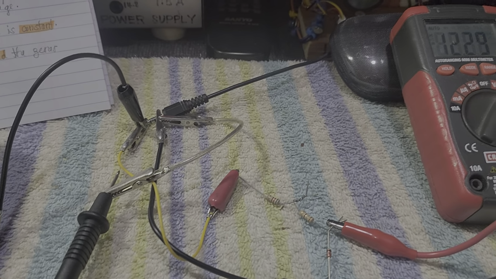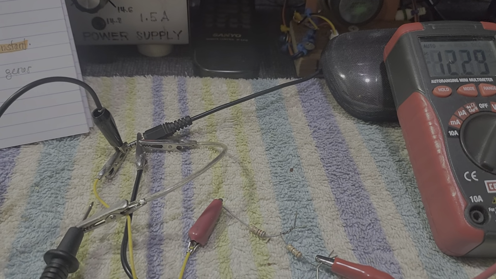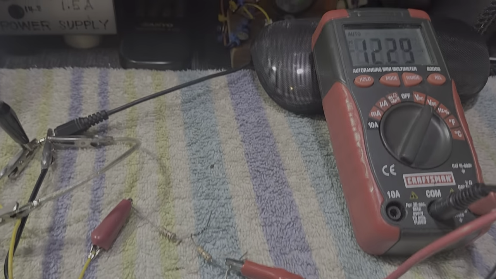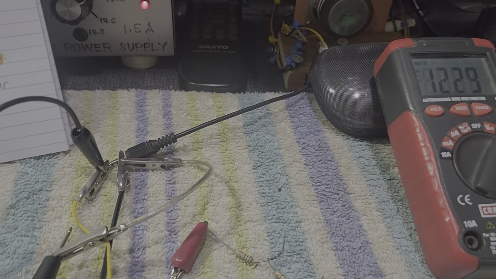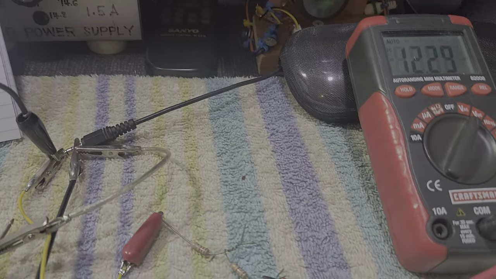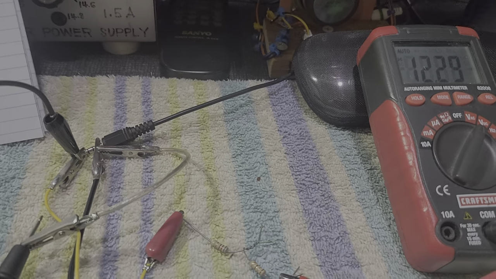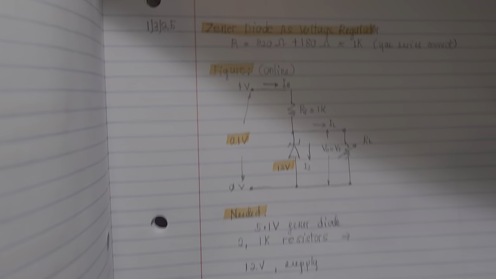A little bit less is fine, but not too low for it to operate. If the required voltage is 12 volts and it so happened that the voltage input is 12.29, that's fine. But just in case it goes down to 11.5, something might happen to the operation of that discrete component. Okay, that's it, guys.